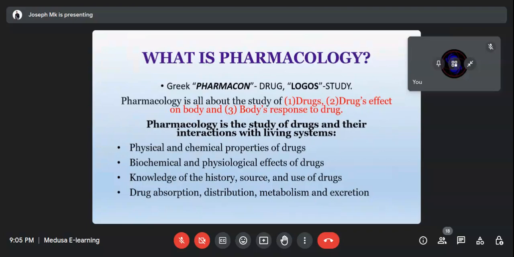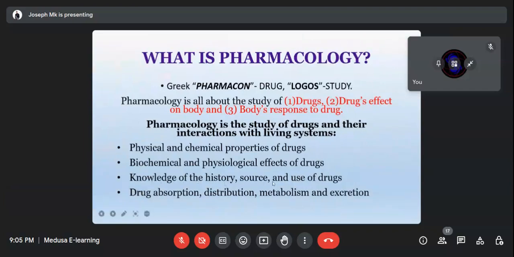Take for instance, some people will say, if I take this drug, I'm going to have rashes. Those are some side effects of a drug. And some people will be like, no, if I take these drugs, maybe I'll vomit. Yeah, so those are some of the physiological effects of drugs.